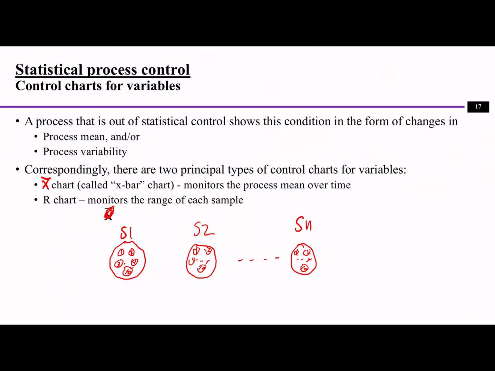For each sample you have 10 apples, and then I'm going to measure the diameter or the weight. Let's say the weight. I want to measure the weight of each apple within sample 1, and then I calculate the average weight here, which is X bar.